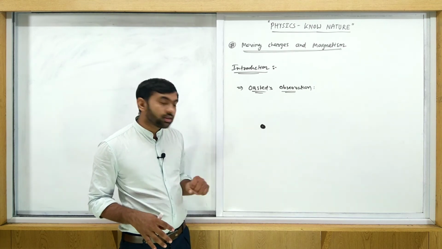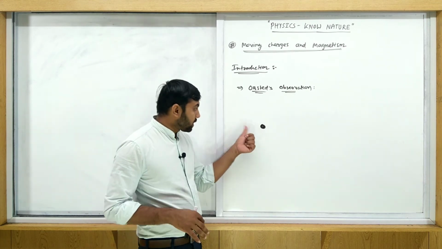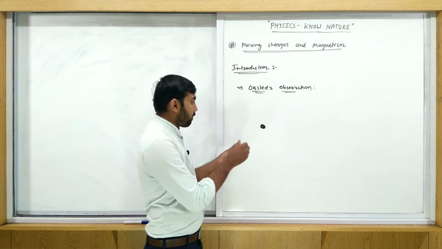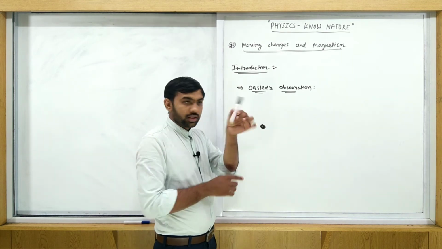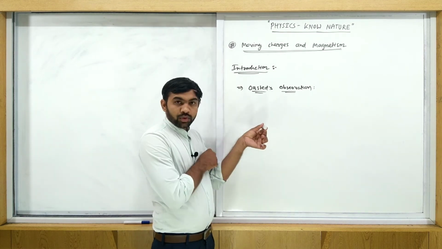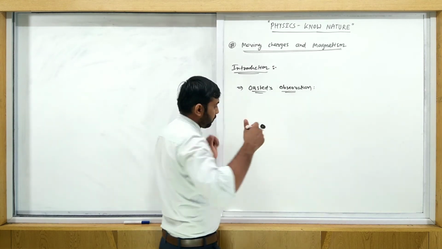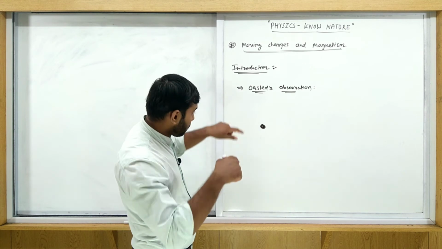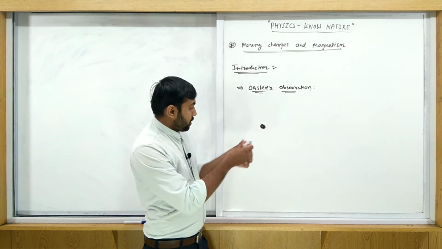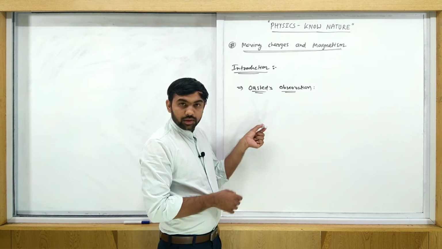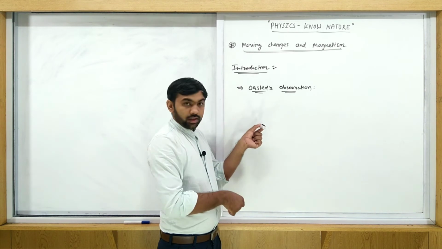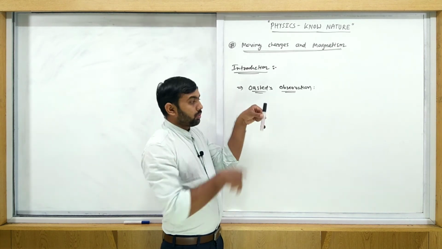So consider this is the wire. Suppose the current is coming out from this one. The wire is like this, in this form. I am drawing this figure here also. Consider the front view. If you see from here, it is a circle. If you see from the top, it is like this.